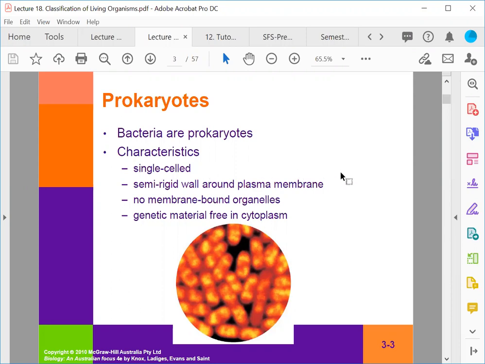So quite different in the shapes and clusters that they form. All right, bacteria mostly have semi-rigid cell walls, which is around their plasma membrane. They lack membrane-bound organelles, and their genetic material, that is their DNA or their chromosome or chromosomes, sits free in the cytoplasm.